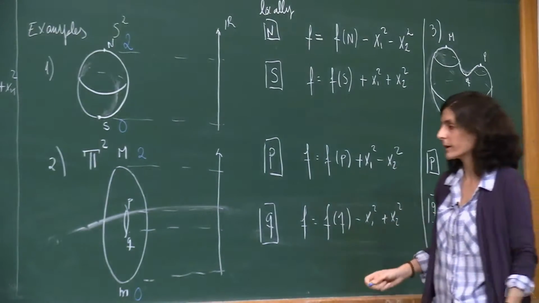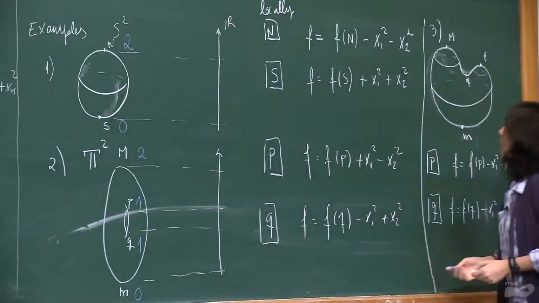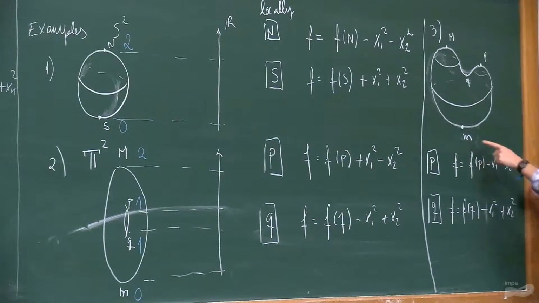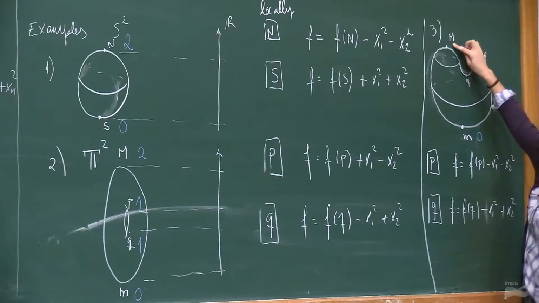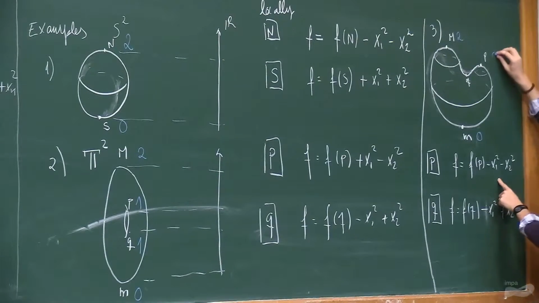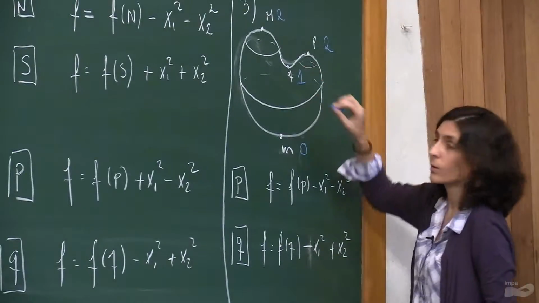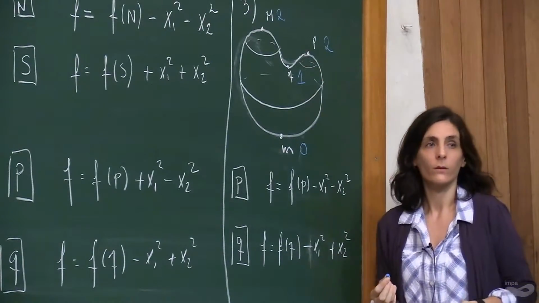Here I have also 1 negative sign. So these 2 have index 1. Here, this minimum has index 0. This maximum has index 2. So P is a local maximum. Have 2 negative signs here. This has index 2. And this here has 1 negative sign, so this has index 1. Okay?